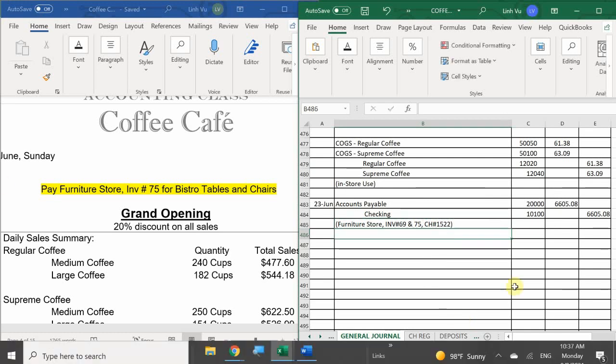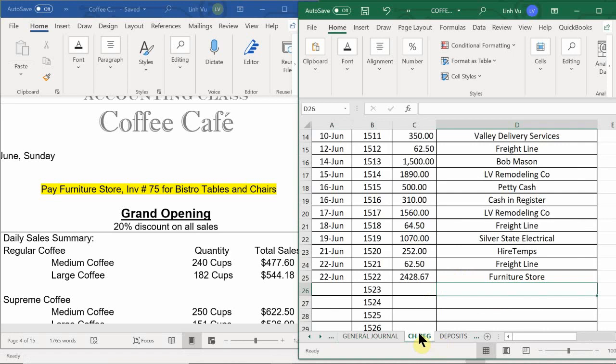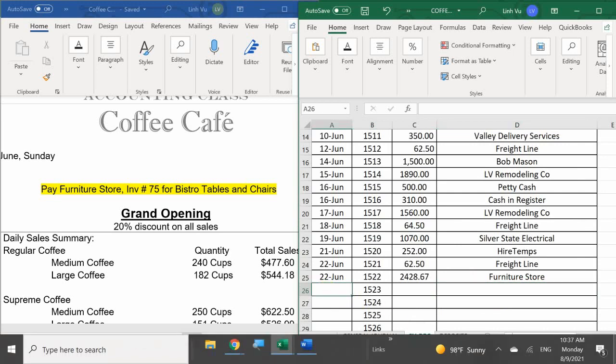And then we're gonna go to our check registry to get a check number. Okay. Check number 1523 for 6,605.08 to furniture store.